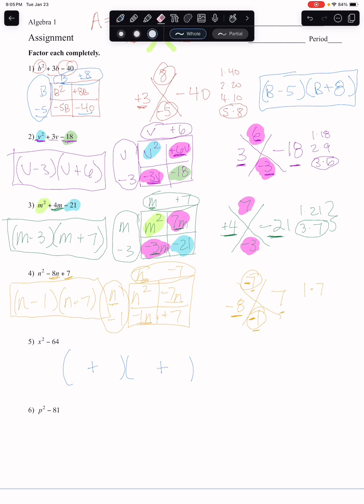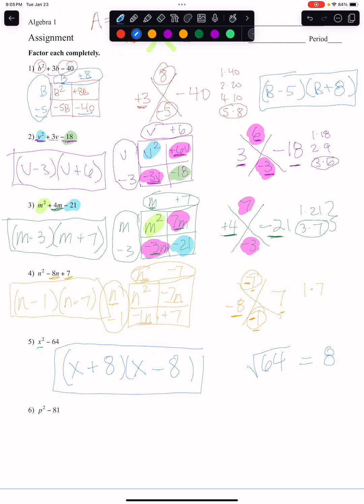I was joking, there's 1 minus, right? And then you're going to put whatever variable this is, 1 in each one of these. And then what number times itself is 64? In other words, what is the square root of 64? And that answer is 8. You're done. That is factored.